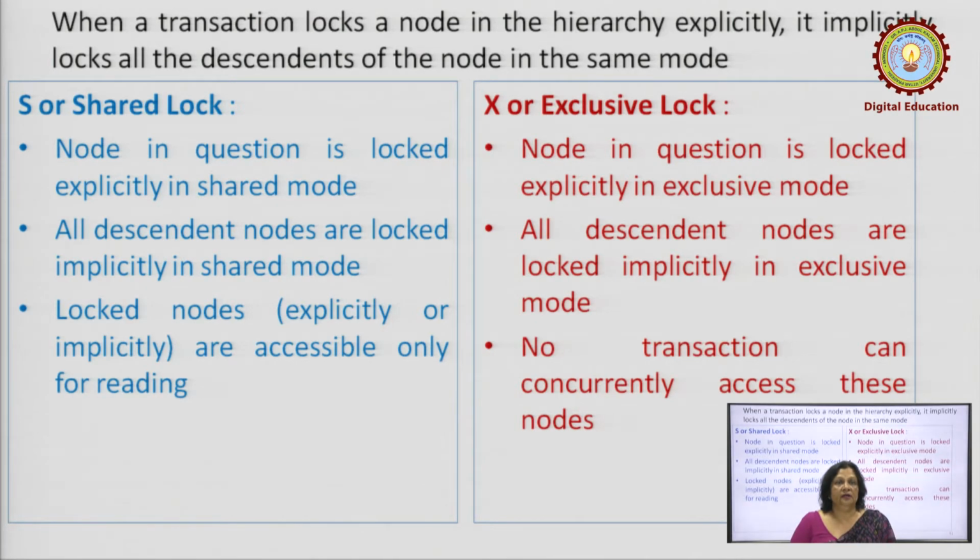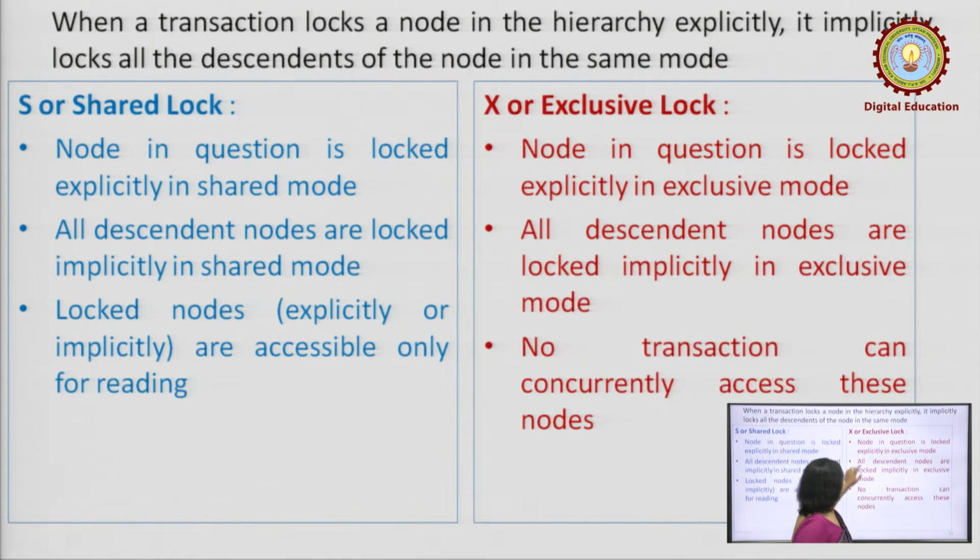Now, when a transaction locks the data item in the hierarchy explicitly, it will implicitly lock all the descendants of that node in the hierarchy. So, if a transaction is locking a node in the shared mode, then the node in question is locked explicitly in the shared mode, and all the descendant nodes to it are locked implicitly in the shared mode. Locked nodes, whether explicitly or implicitly, are available only for reading.